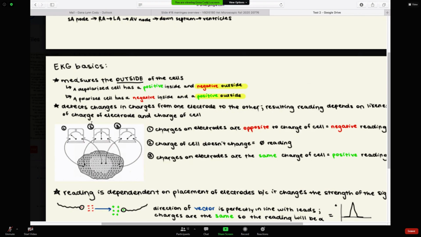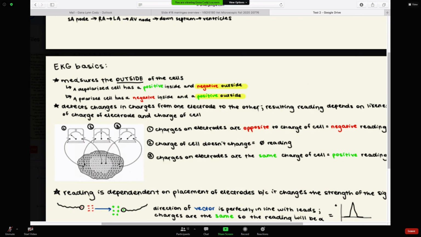So if you look at these leads right here, I know you can't really see it very well, but this left one is a negative lead and the right one is a positive lead. And the negative lead is going to positively charge tissue. So if the outside is positive, that means it is, anyone? Depolarized or polarized?